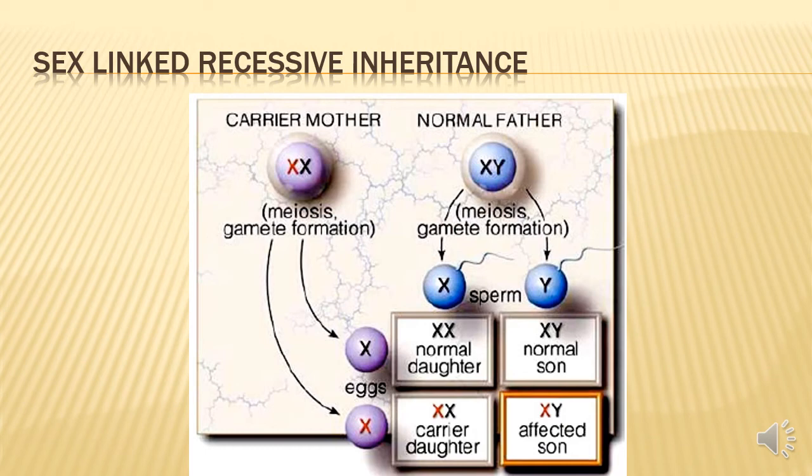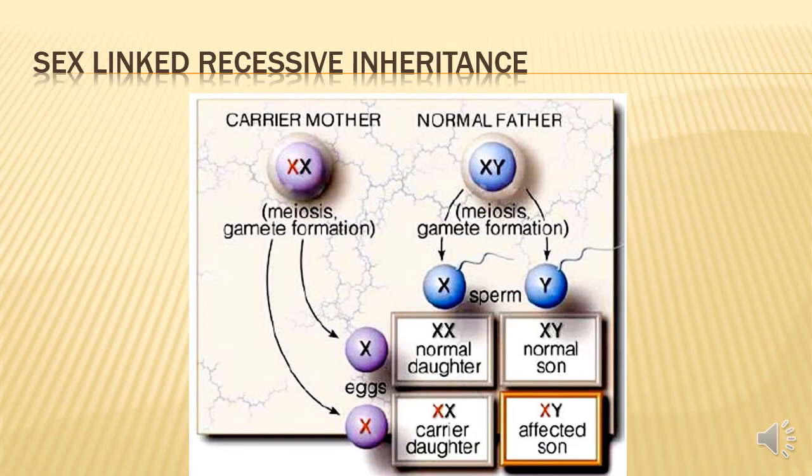At the time of fertilization, these sperms and oocytes can combine in one of these combinations to form a zygote. When a child is born to them, there is a 25% chance for this child to be a normal daughter, 25% chance to be a carrier daughter, 25% chance to be a normal son and 25% chance to be a diseased son.